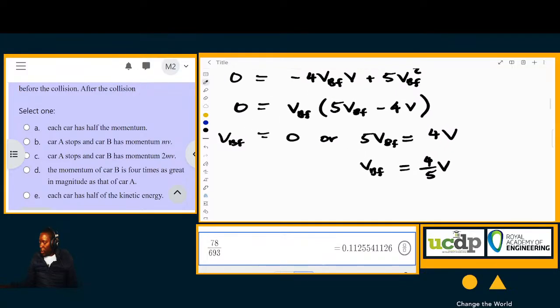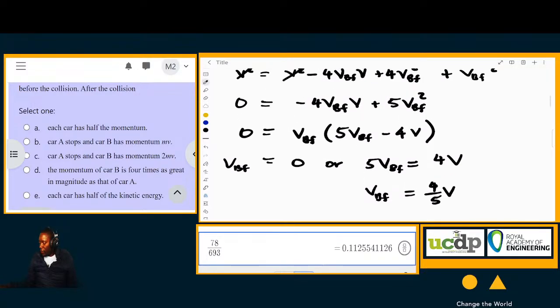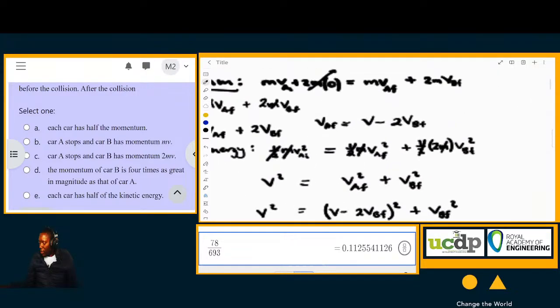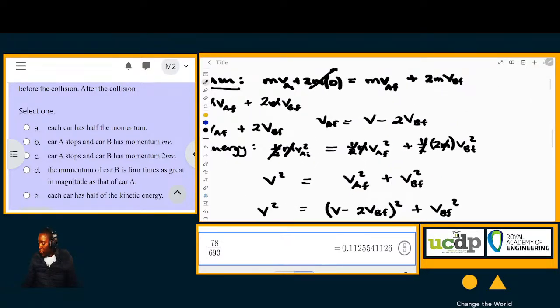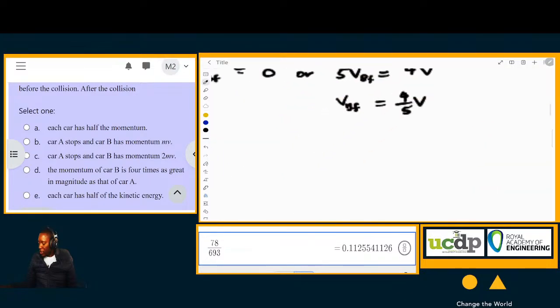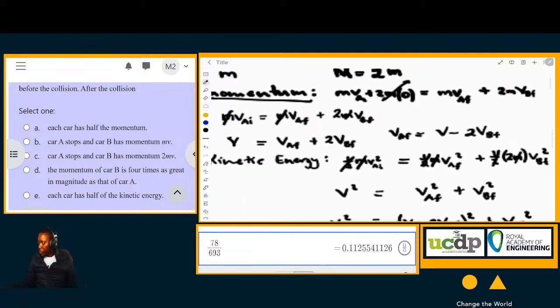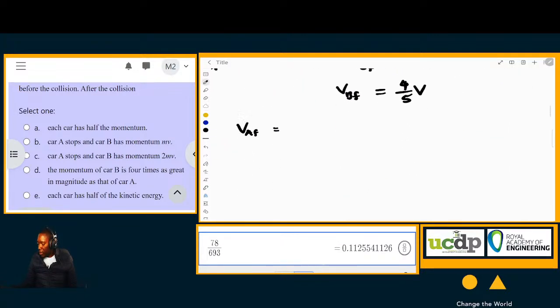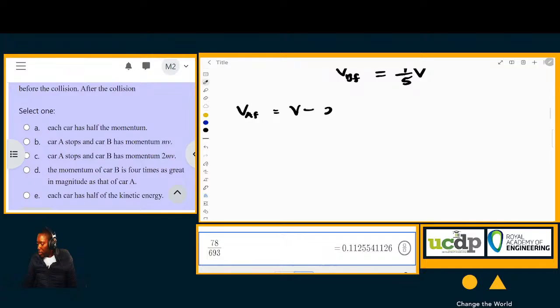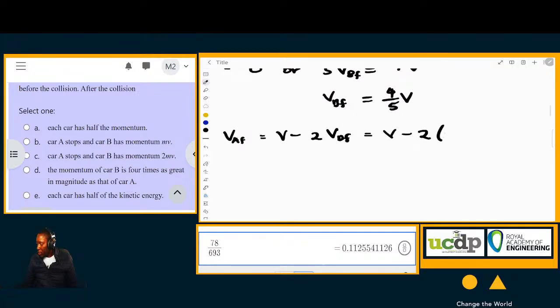Okay, so if that's the value of VB final, what is VA? Remember we had VA here. VA final is equal to V minus 2VB final. So VA final equals V minus 2VB final, which is equal to V minus 2 times 4 over 5V.